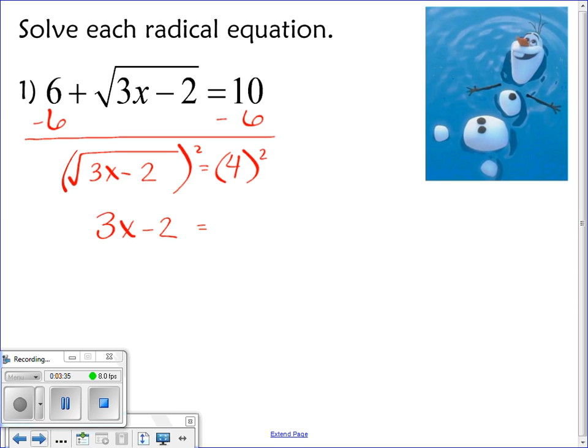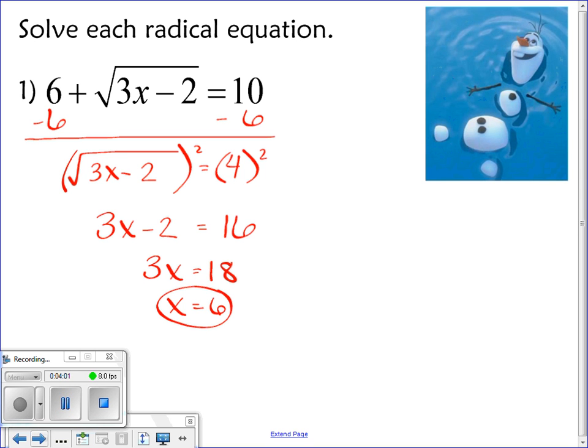And what's 4 squared? 16. Now it should look like something that you know how to solve. Then we'll add the 2. So 3x equals 18. X equals 6. Times it by itself, same thing as squaring it.